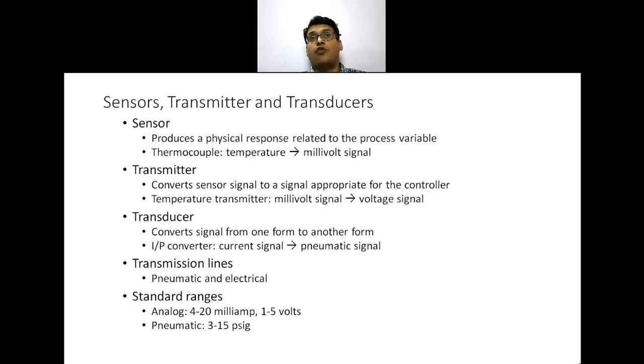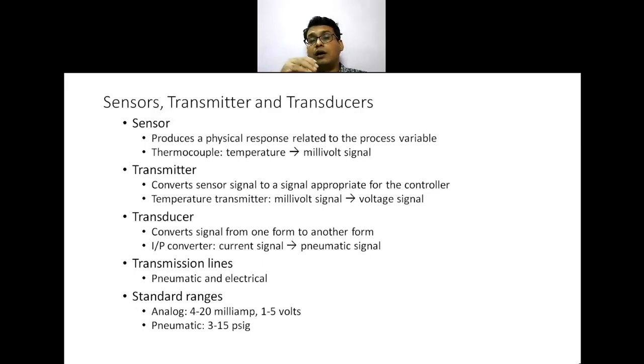Now these control valves are operated with a pneumatic control. They are not operated directly in terms of electrical signals. The valve position is operated pneumatically. We will see how the valve works. There you will understand in a better way.